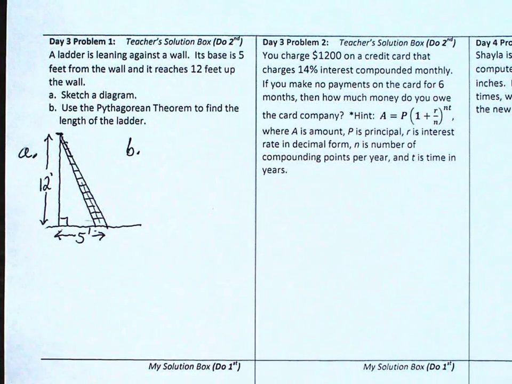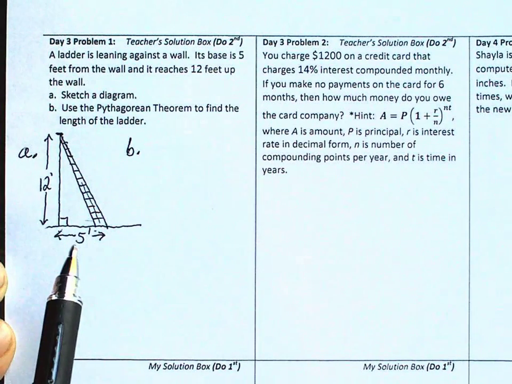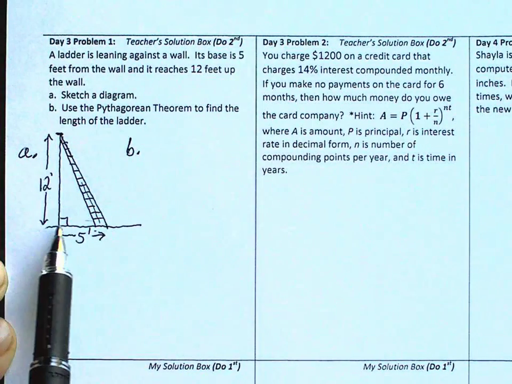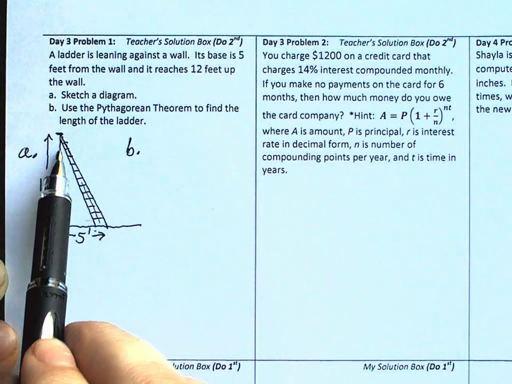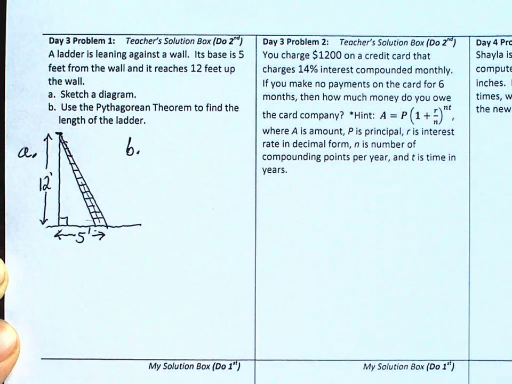The Pythagorean theorem is a formula from geometry class that refers to a relationship between the three sides of all right triangles. And when I drew this picture, I see that it has the shape of a right triangle. So I look at this and not only do I see, well, yeah, it's a ladder and it's supposed to be a wall and so on, but in a math context, I see a right triangle.